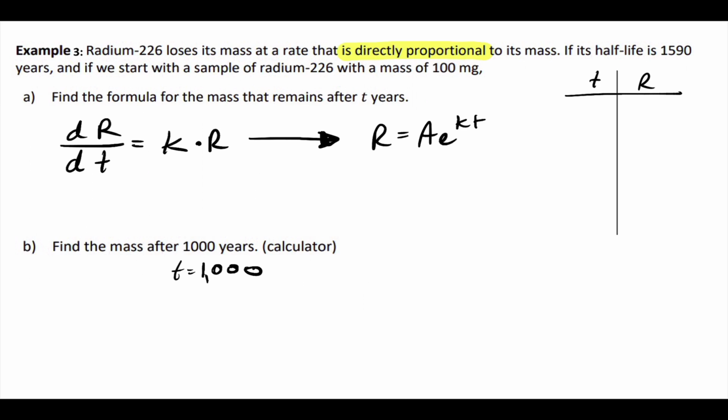So they give us a couple of things. They say its half-life is 1,590 years, and we start with a sample with a mass of 100 milligrams. Start means initial, so initial time is 0, with 100 milligrams. Now, how do half-lives work? Those of you who have taken or are taking chemistry, what is a half-life?